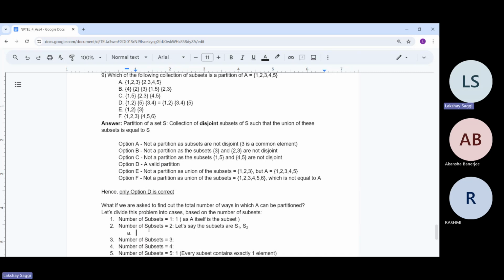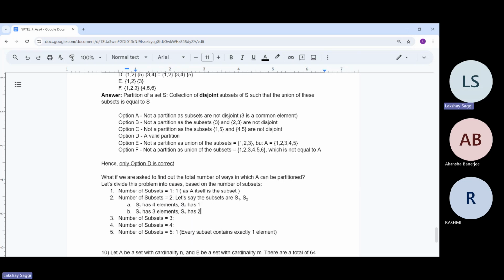So if the number of subsets is 2, let's say the subsets are S1 and S2. Case 1 can be S1 has 4 elements, S2 has 1. And case 2 will be S1 has 3 elements, S2 has 2.